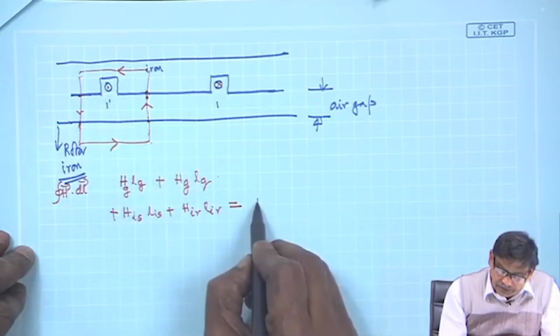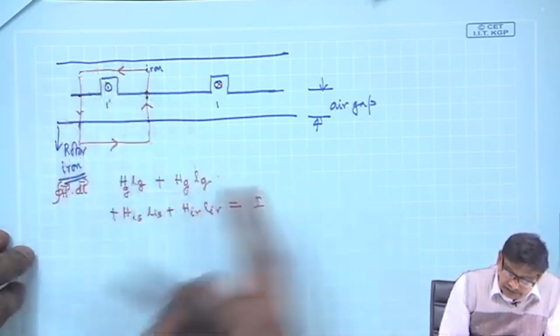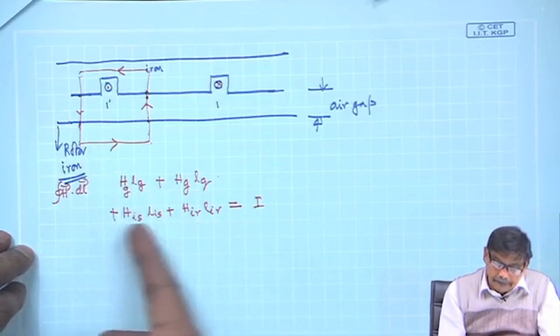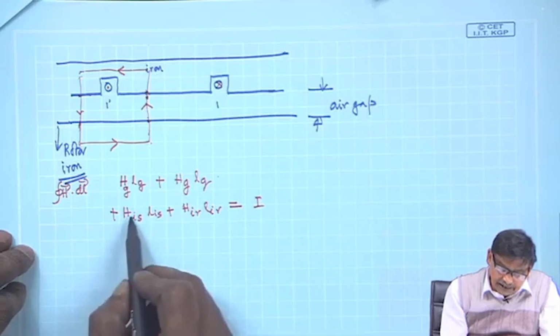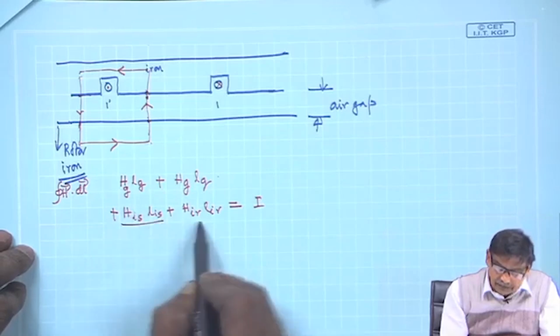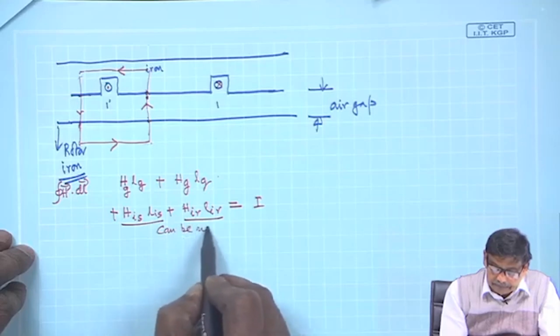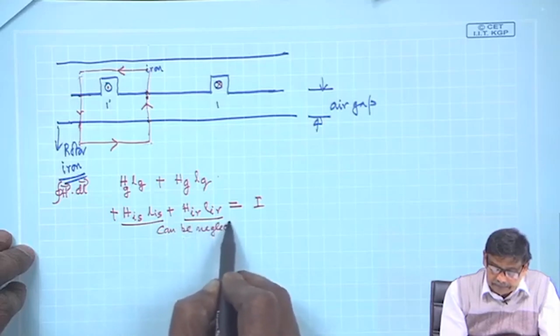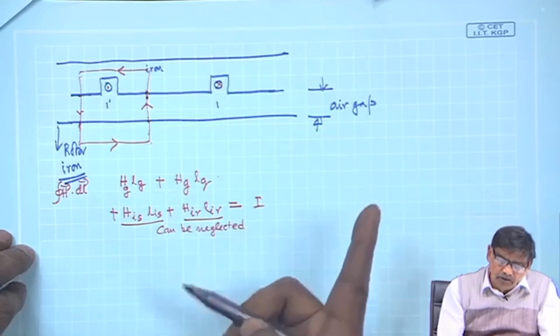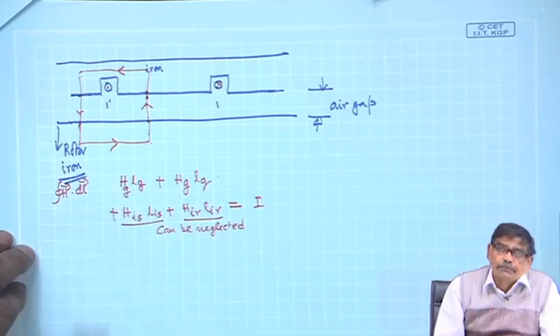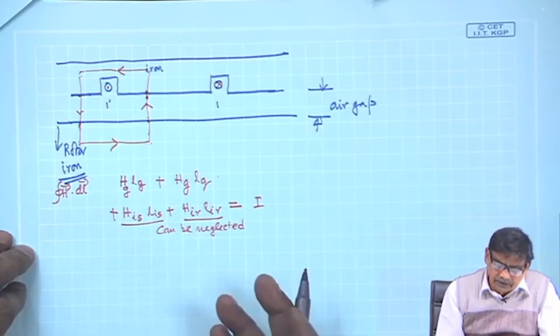current enclosed. What is the current enclosed? It is I. Okay. But I am telling these two terms can be neglected. We will always assume iron is very good type of iron we are using with respect to air gap.